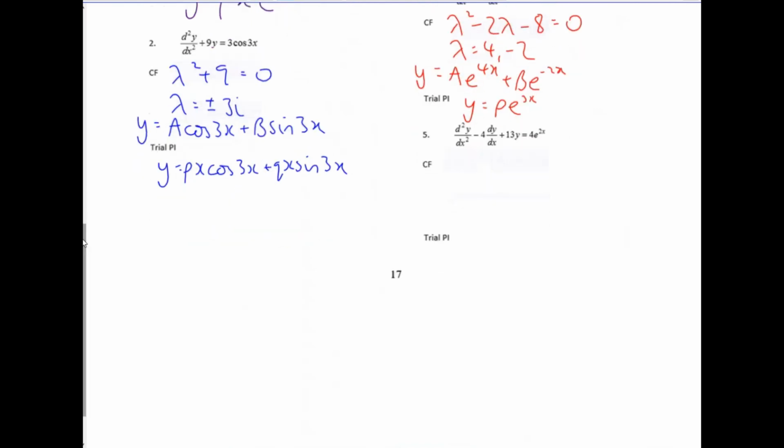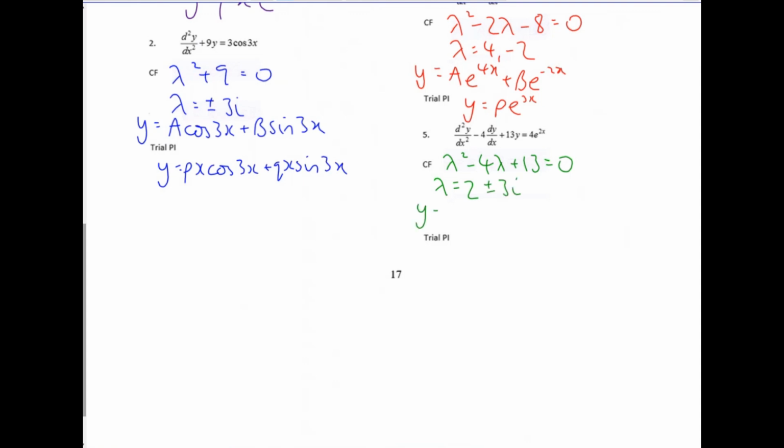Last one of these, so complementary function, we've got auxiliary equation of lambda squared minus 4 lambda plus 13 equals 0. You can solve this in your calculator. So 2 plus or minus 3i.